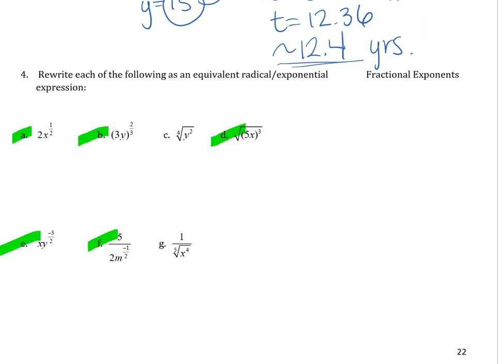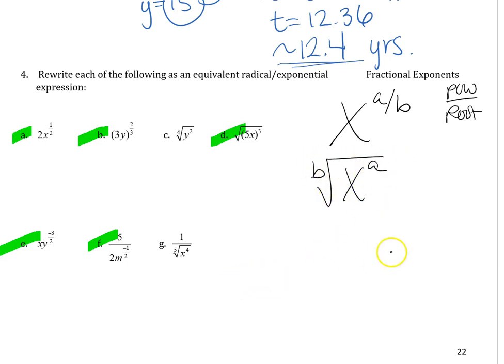All right, last couple things to talk about here. Fractional exponents. If you have a number like x raised to a over b, it's power over root, just like a tree, how the roots are at the bottom. So this would be the b root of x to the a.